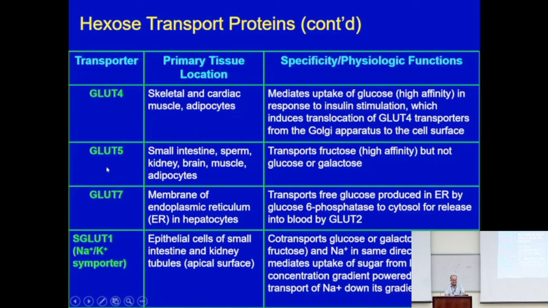GLUT5 is another sort of widely distributed transporter. It mainly transports fructose and is present in many tissues. GLUT7, all of these, by the way, 1 through 5, are all part of the cell membrane. That's where the transporters should be, right?